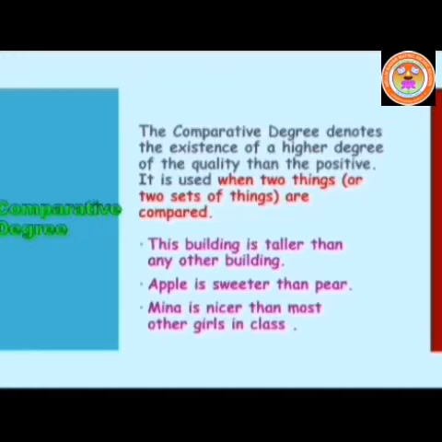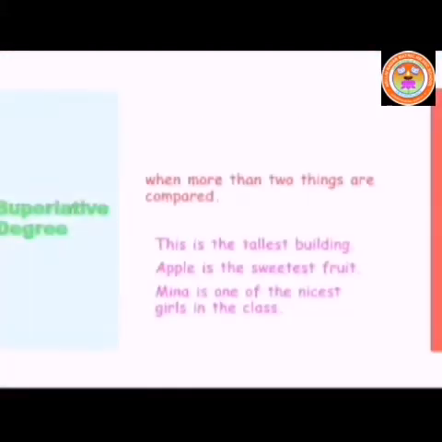Sometimes than won't come, but in most of the sentences than will be there, because when we compare two things we will be using that than. This building is taller than any other building, so this building is being compared with any other building. Like that, apple is sweeter than pear, apple is compared with pear. Then Mina is nicer than most other girls in class.